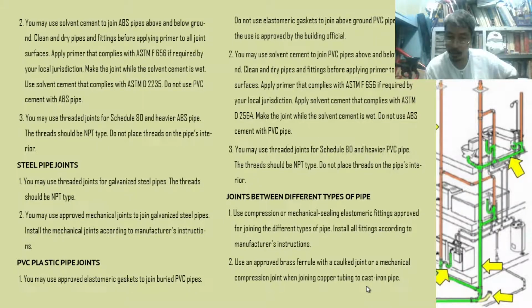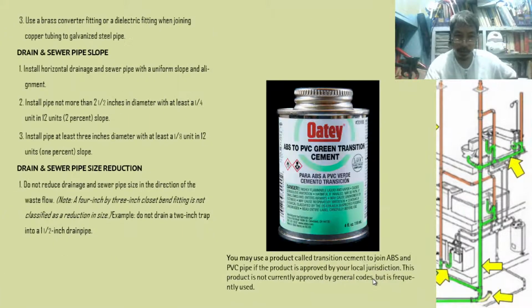So if we are going to join different pipe material, use compression or mechanical sealing elastomeric fitting. Okay, compression type. Number 2, use an approved brass ferrule with a caulked joint or mechanical compression joint. Okay, caulked joint. So let us see, if we have a picture.